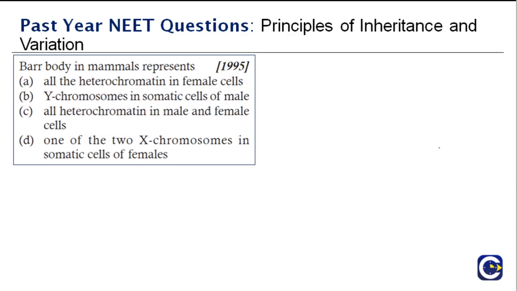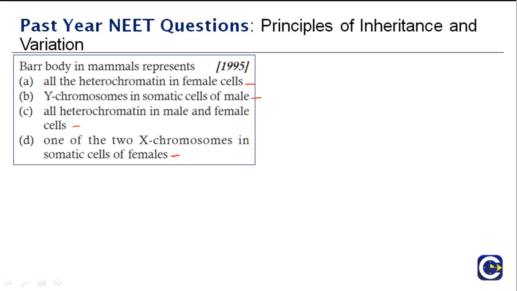Barr body in mammals represent. So again it's a question on Barr body but in a different way. So Barr body in mammals represent all the heterochromatin in female cells, Y chromosome in somatic cells of females, all heterochromatin in male and female cells, one of the two X chromosome in the somatic cells of the female. So what is the right answer?